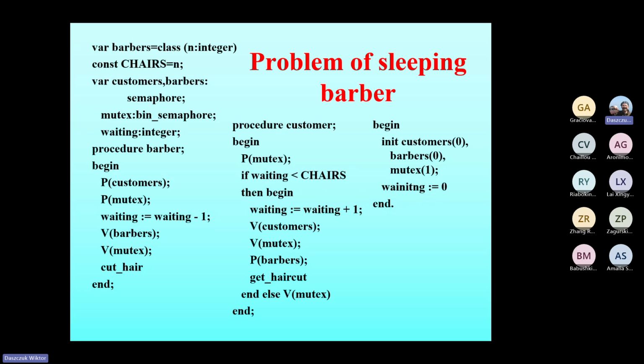We have the variable waiting that informs us how many customers wait on chairs. Of course, not more than chairs. So if we have more customers than chairs, the number over chairs is just rejected. They ignore the barbershop.